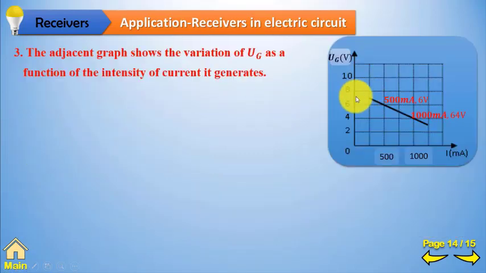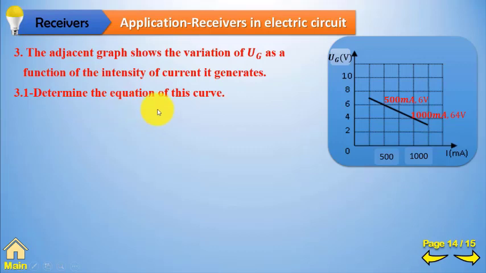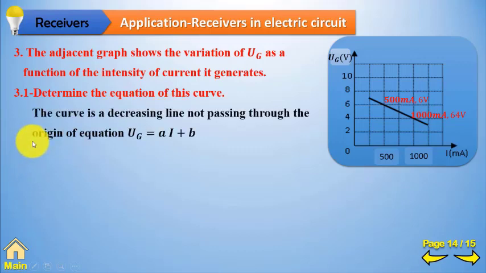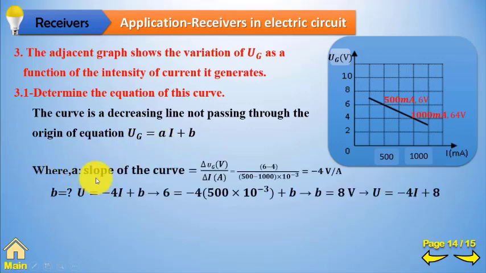Now the adjacent graph shows the variation of the voltage across the generator as a function of the intensity of the current it generates. First, you need to determine the equation of this curve. Since the curve is a decreasing straight line not passing through the origin, the equation is UG equal to AI plus B. We need to determine A and B. A is the slope of the curve.